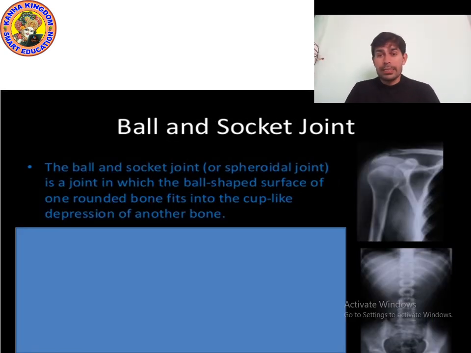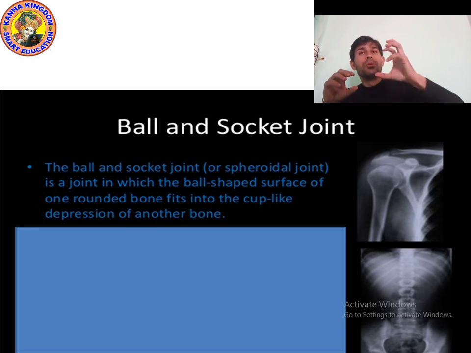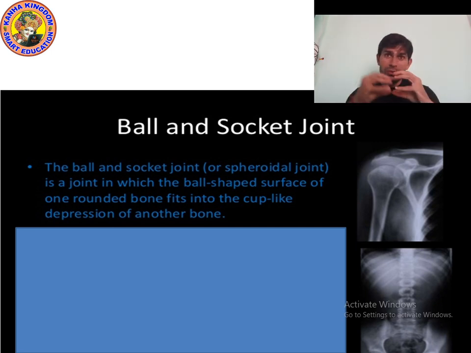Now let's discuss the ball and socket joint. It's very easy. The ball and socket joint, also known as the spheroidal joint, is a joint in which the ball-shaped surface of one rounded bone fits into the cup-like depression of another bone.